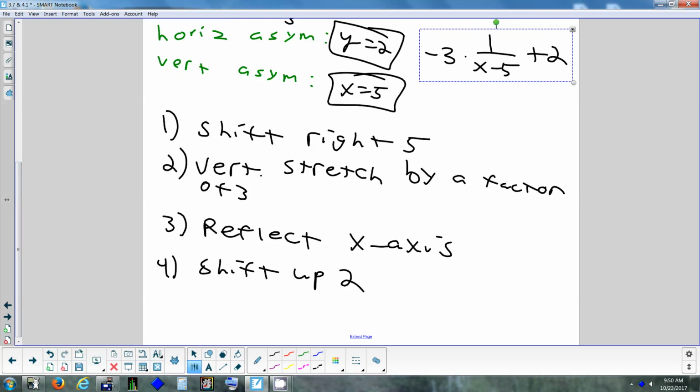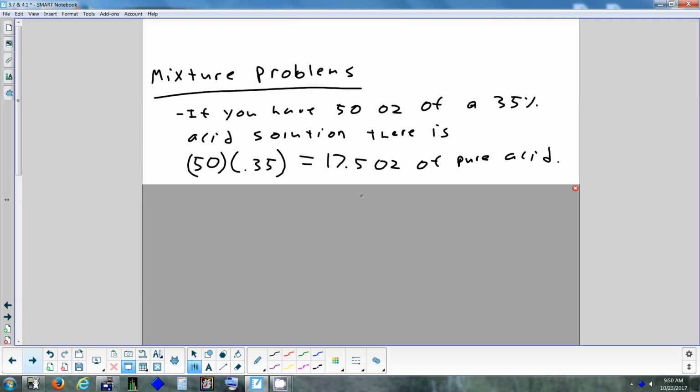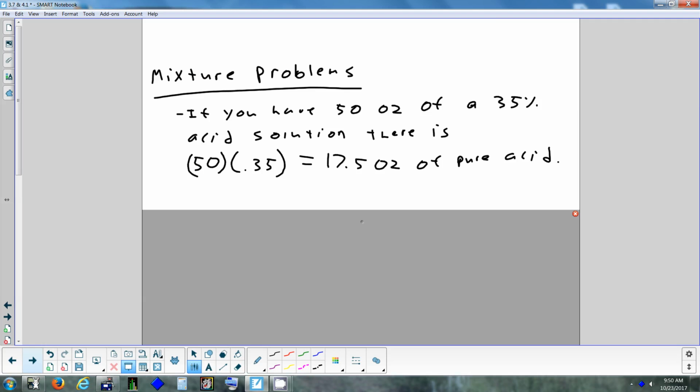Alright, so the last problem we're going to do, we've kind of looked at these before. It's a mixture problem. Not as complicated as setting up a system though. So I'm going to give you the formula. I don't know if we'll have enough time to go through a whole example, but I'm at least going to give you the formula for doing it.